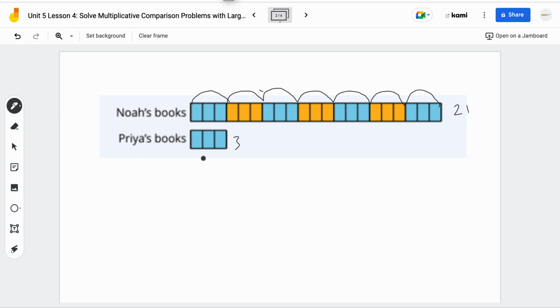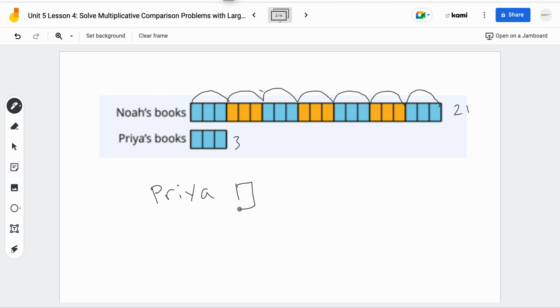So in this lesson, we are going to notice that when it comes to larger numbers, we are going to use a different type of diagram. So instead of this being 3 boxes like this, it's just going to be 1 box. So for example, this will be Priya, and she will have 1 box.